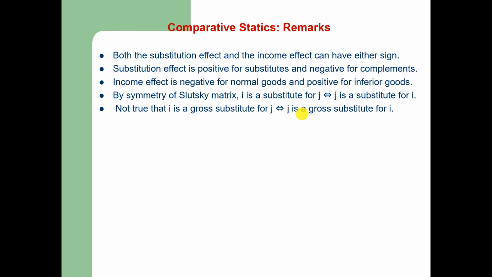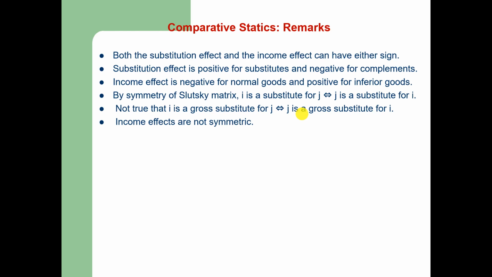So it means if xi is a gross substitute for xj, then it is not necessary that xj is also a gross substitute for xi. So income effects are not symmetric like the substitution effect. In conclusion, we can say that substitution effects are symmetric, whereas the income effects are not symmetric.